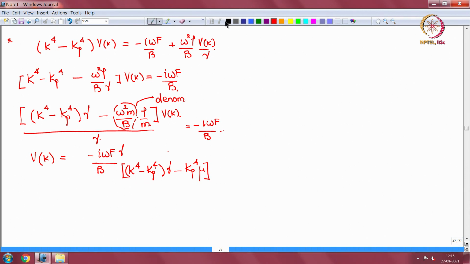This is my denominator. The denominator carries the roots of the system. We are going to do contour integration, so roots or poles of the system are important.